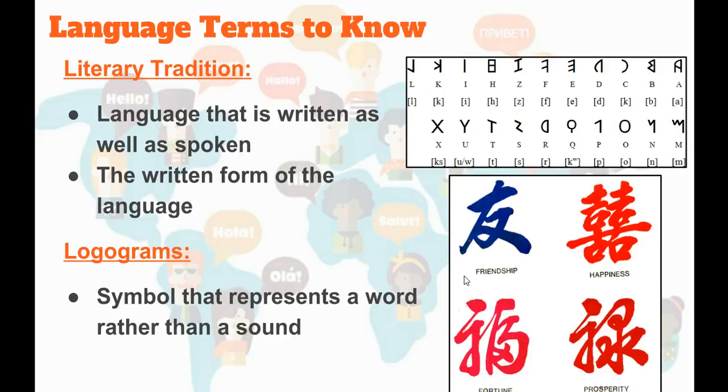Whereas most languages in the world have more of a phonic alphabet where whatever symbol you draw has a certain sound to it. Okay, so in English we'll do an S there, so S has a sound to it. Alright, whereas a logogram, if you see this image, it just means friendship. You can't sound this out, you just have to know that it's friendship.